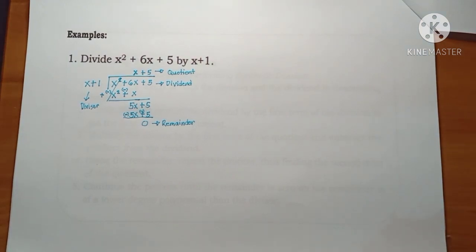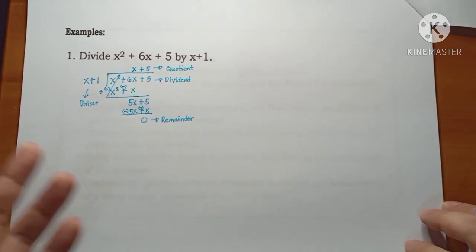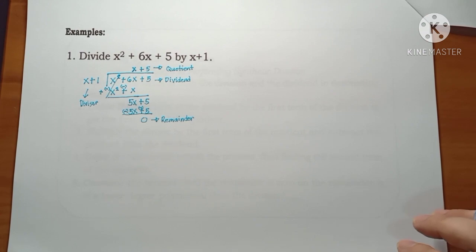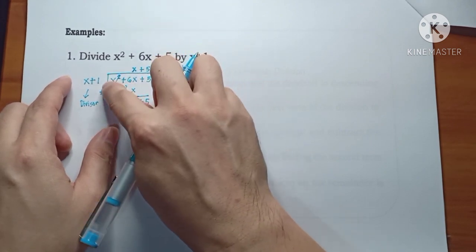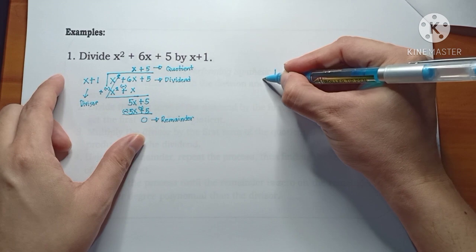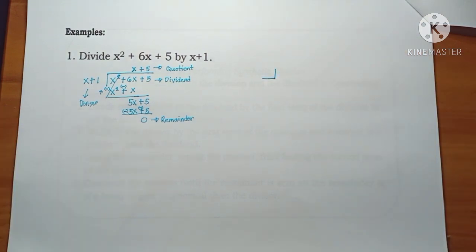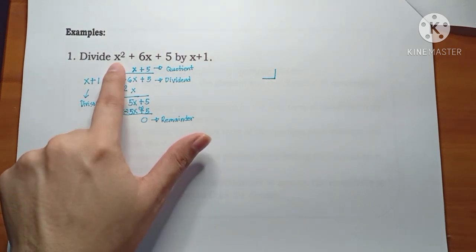Now, punta tayo sa ating synthetic division. Paano ba tayo mag-synthetic division? Ang synthetic division kasi ay parang shortcut siya ng long method. So, first is gagawa tayo ng kabaliktaran ng kanyang symbol, parang box. Next, kunin natin ang numerical coefficient ng dividend.